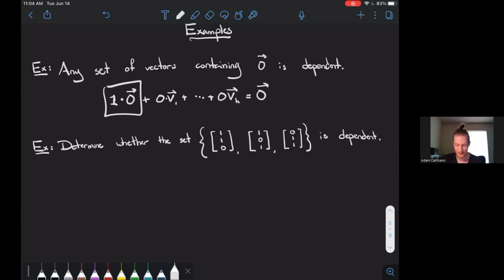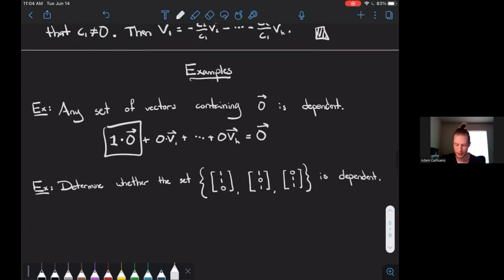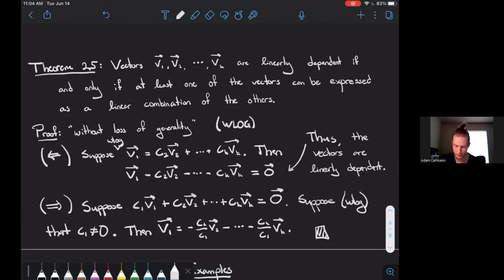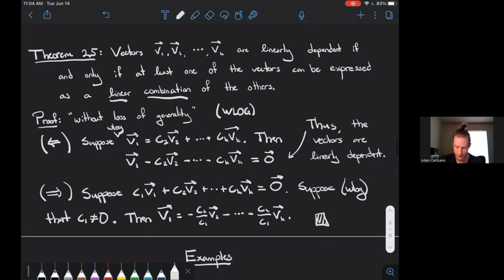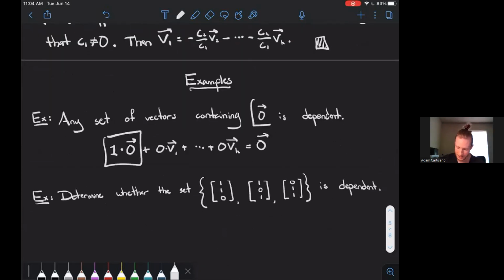Okay, great. Another way of thinking about that, by the way, is that by the statement of theorem 2.5, if at least one of the vectors can be expressed as a linear combination of the other ones, well, I can express the zero vector easily as a linear combination of the other vectors. Just do 0 times all of them.